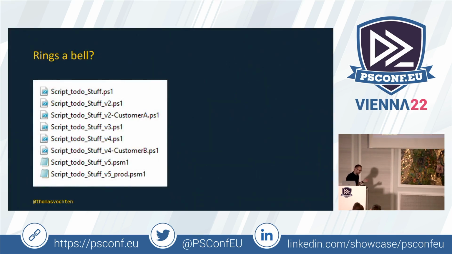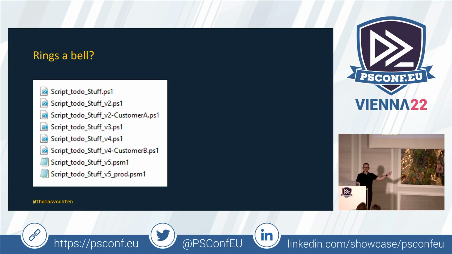I guess almost everyone is familiar with something like this. Forgive me my ISE icons. I know that's not cool anymore, but that's not about the icons. It's about the file names. So you start a project or something else in your free time. You create a PowerShell script. It works great, and then you say, well, let me change one little thing. But I want to be sure that I can go back to the previous version, so I'll create a copy. That becomes then stuff version 2. Perfect.